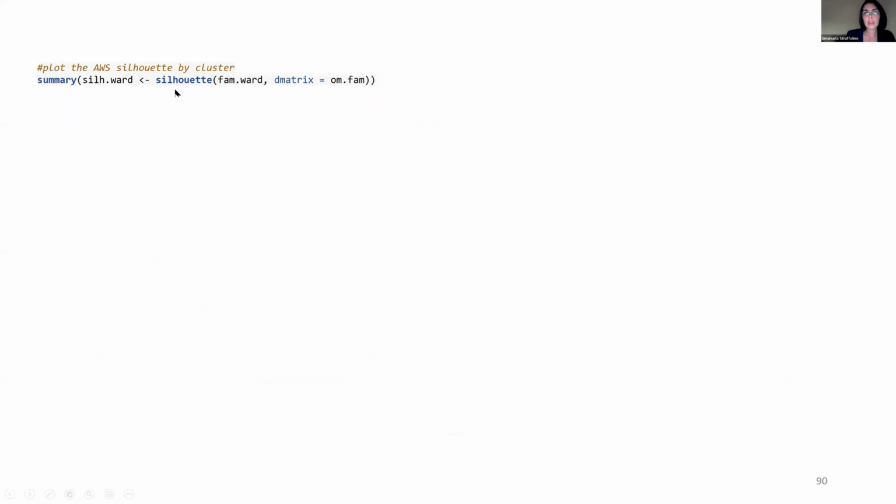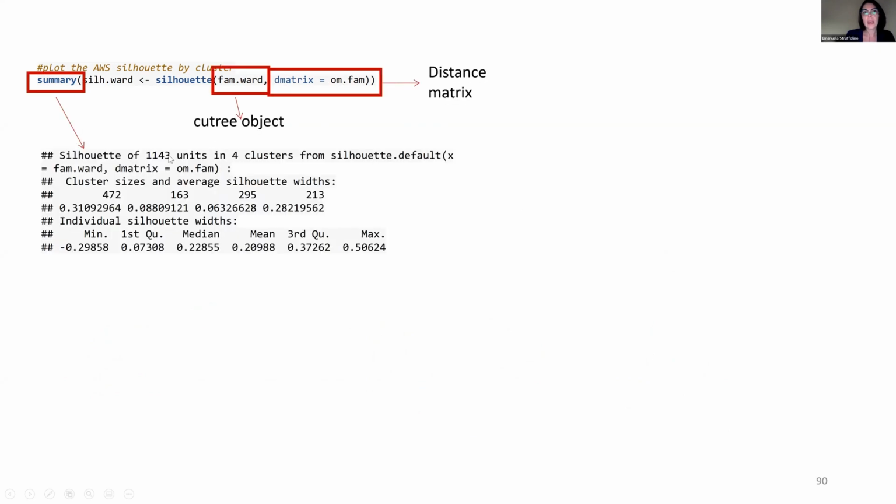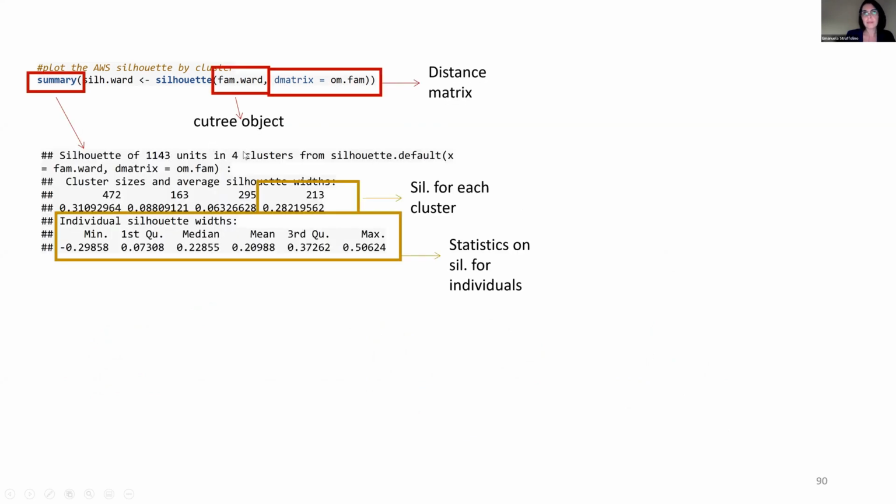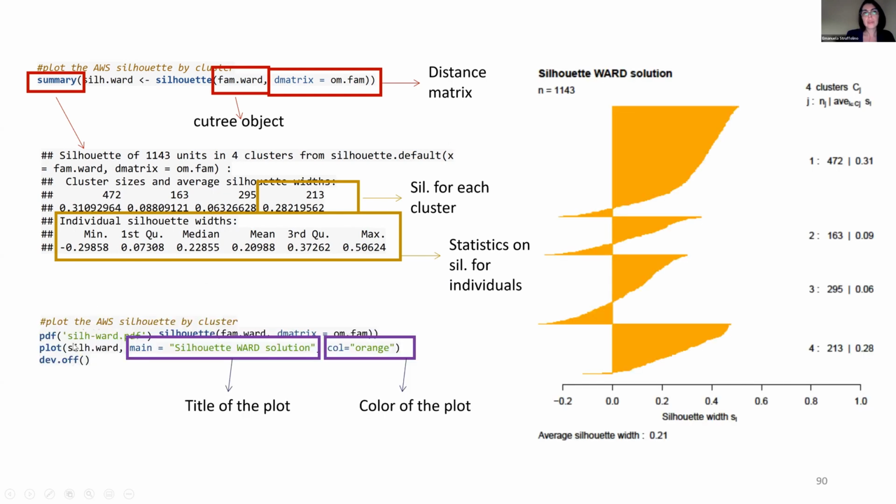We use the silhouette function, on the object that we generated with hclust, and again specify the dissimilarity matrix. We get first a summary, and then we can plot this object, sil.ward, and look specifically at what happens in each cluster.